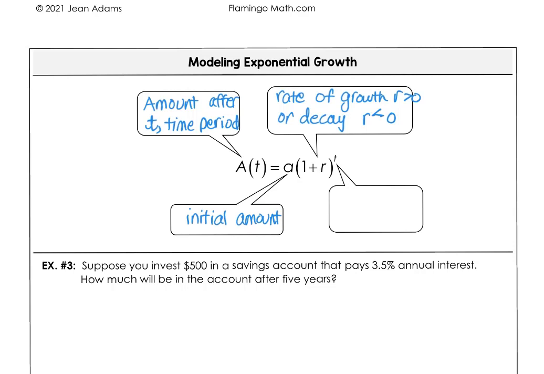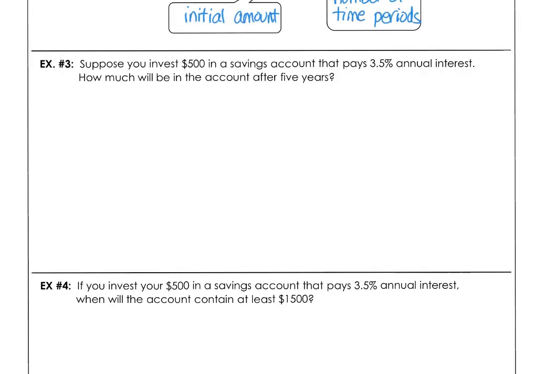And the power t, that's the number of time periods. So anytime you see an equation in this format, you need to understand what each one of those portions of that equation means. So let's look at example 3, and we'll use that equation.